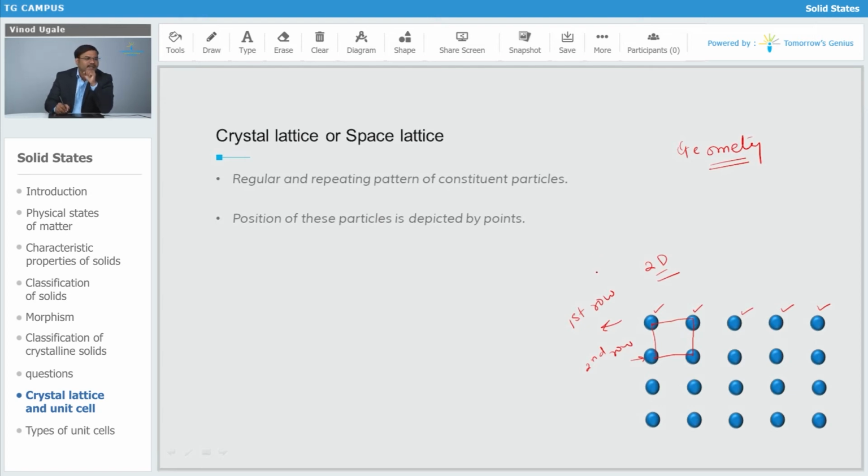What we are going to say over here is that a regular and repeating pattern of constituent particles is going to be there in any crystal system, and the positions of these particles are depicted by points which are called lattice points. So this is one lattice point, this is another lattice point, this is the third, this is the fourth. When I connected them by lines, I got one shape which is a square, but it is in the case of 2 dimensions.